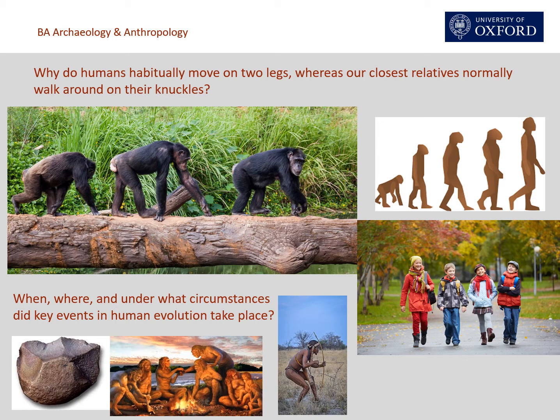For example, the innovation of stone tools, the invention of fire, the controlled use of it to make artifacts, to keep people warm, to cook food. When did people start to hunt meat on a regular basis? And what difference may that have made to their biological evolution and also to their cultural evolution?